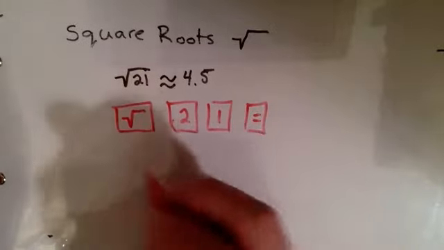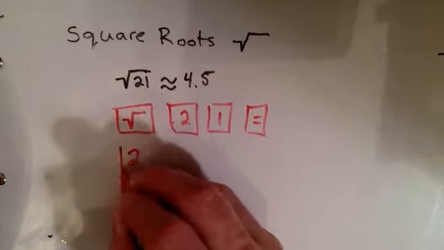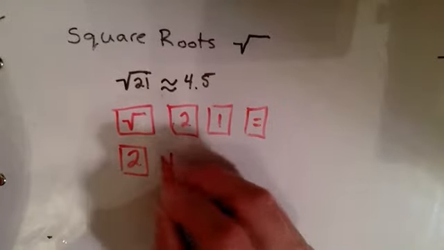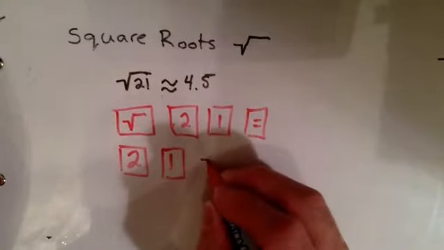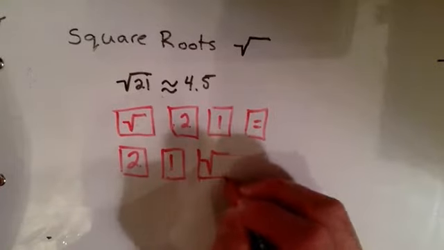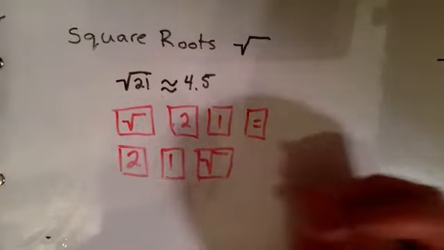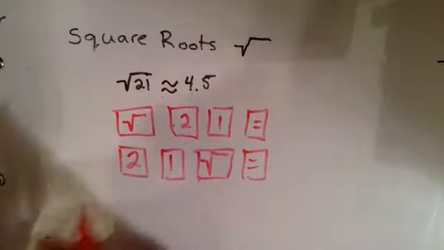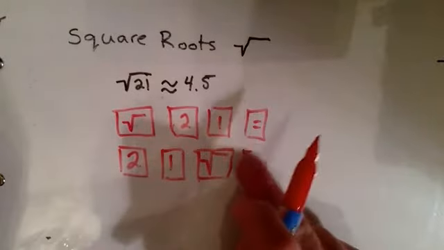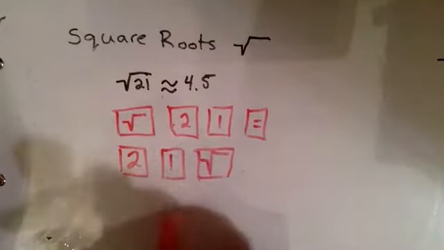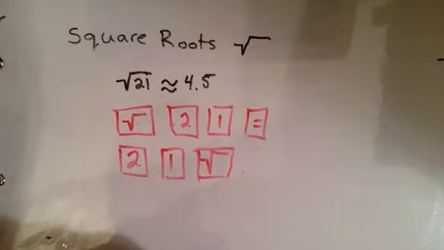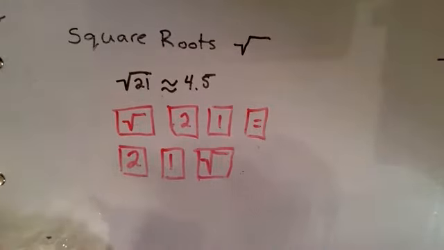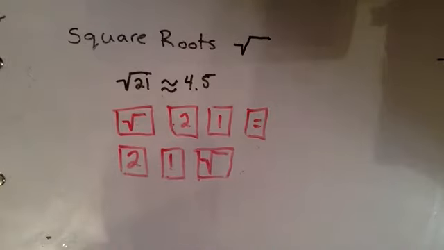In other ones, you would type 21, then the square root button, and then the equal sign, and that'll give you an answer. So it depends on which one. Actually, sometimes you don't even have to press the equal sign. As soon as you press the square root, it'll give you the square root of 21. So play around with your calculator, especially with a number that you know, like 16 or 25, and see if it gets you the answer that you're expecting.